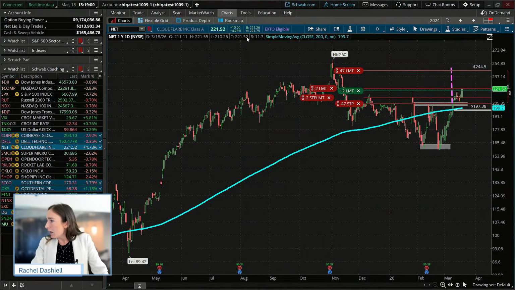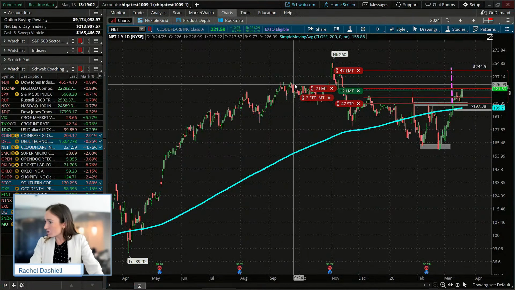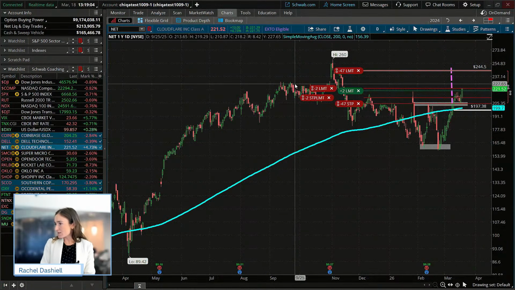So I have a question in the chat. Sorry I joined late. How do we search for these patterns? We all have our own process as far as searching for some of these patterns. I know some folks will plug in different criteria on the scan.